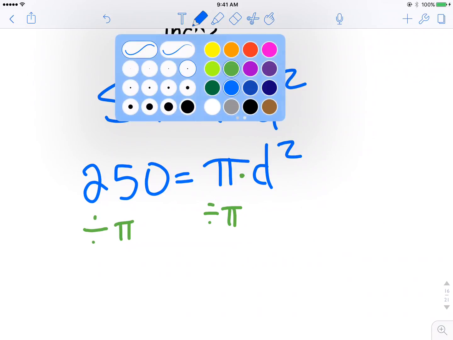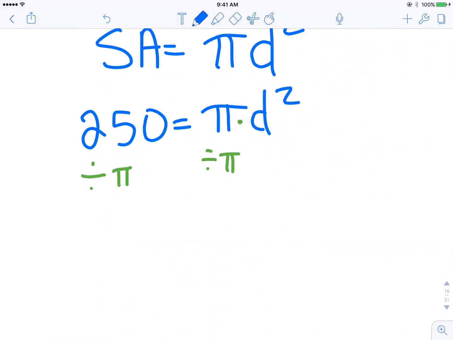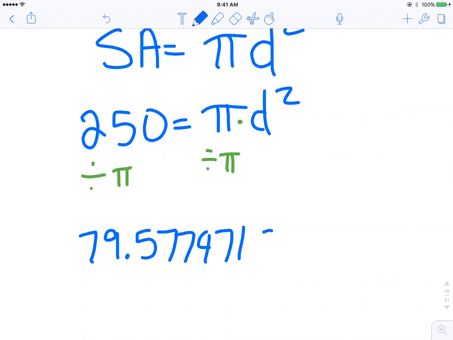That will give me, you know what, I have to quickly calculate that because I don't have that written down anywhere. 250 divided by pi gives me 79.5774715 is equal to d squared.